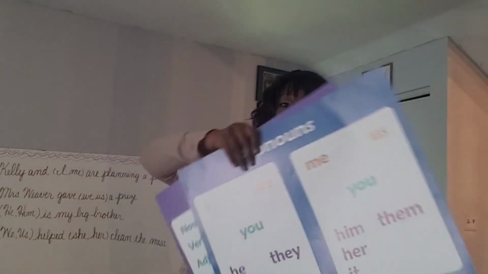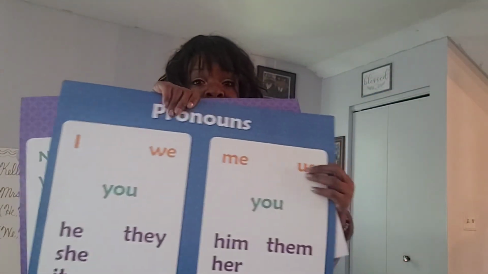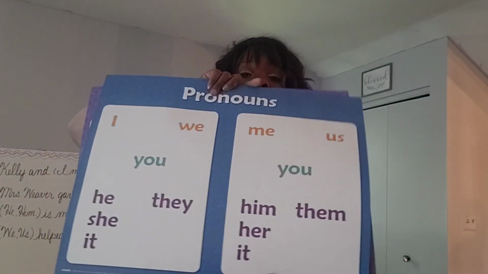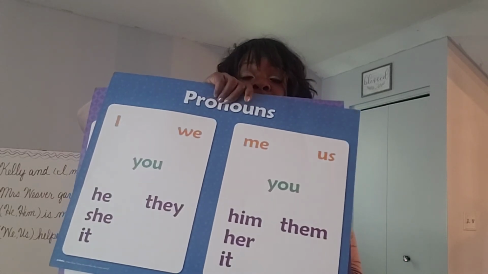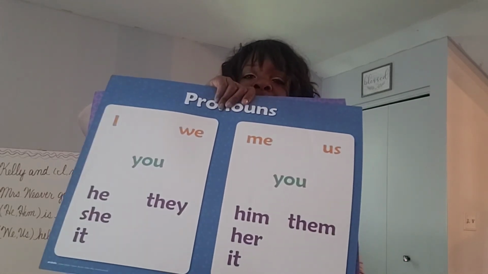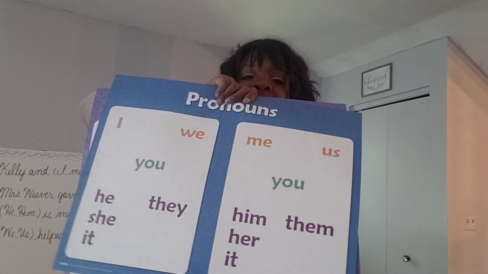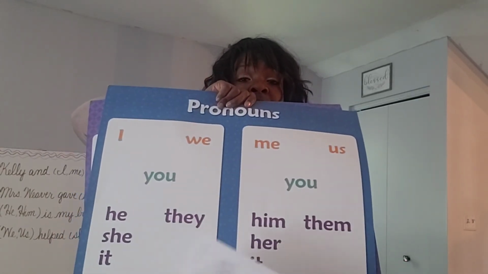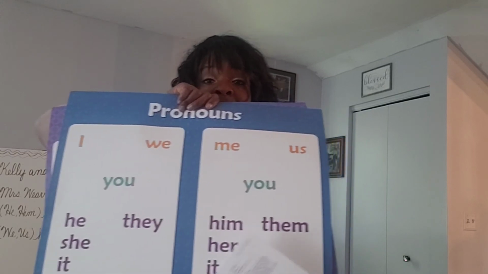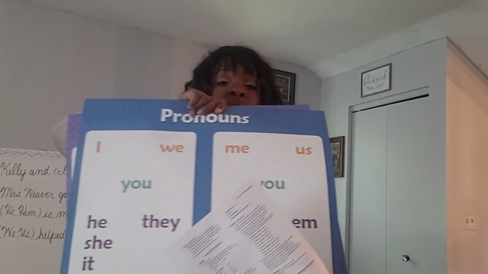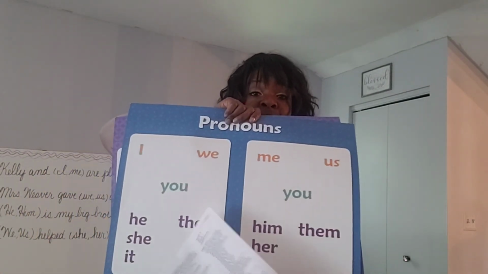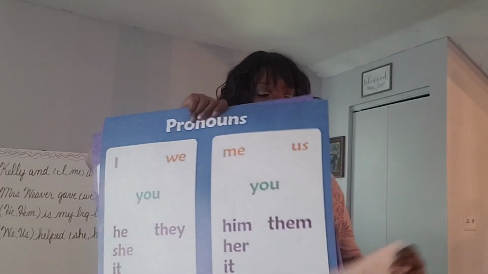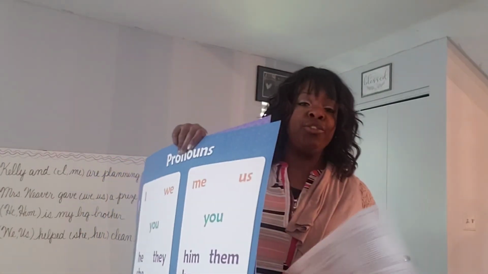We use pronouns such as, remember these: I, you, he, she, it, we, they, me, you, him, her, it, us, and them. And then we had you and it that are on both sides. Remember, it can be subjective or predicate. So we look at these carefully, the subject side and the predicate side. We'll talk about that in just a minute to understand.